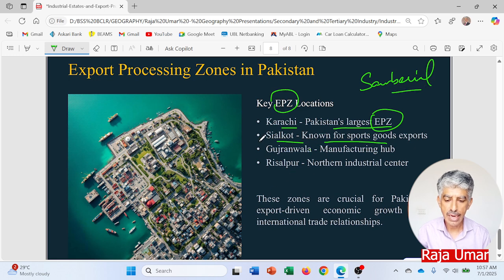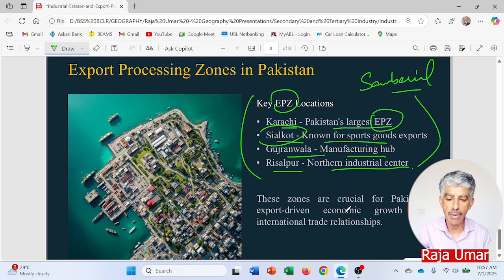A dry port is also there, and Sialkot has the best export processing zone for exporting products related to sports goods and surgical goods, even leather products. And Gujranwala, a manufacturing hub of electrical goods. Risalpur, the Northern Industrial Center in the northern area. So these are the export processing zones which are established here in Pakistan.